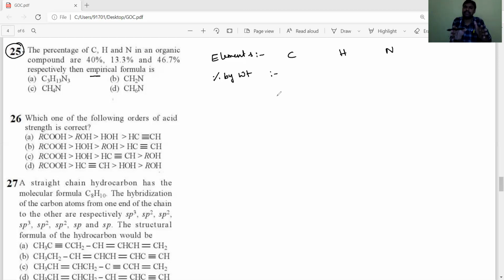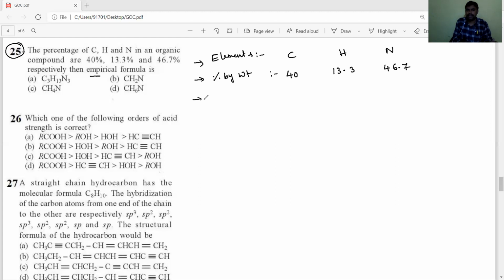If it is not equal to 100, then the percentage of oxygen is 100 minus the percentage of all the elements present in the compound. Now the percentages: carbon 40 percent, hydrogen 13.3 percent, and nitrogen 46.7 percent. This is the given data, the first step.